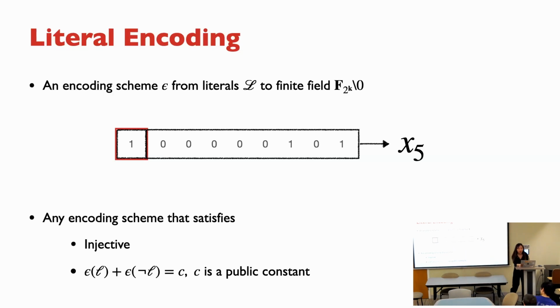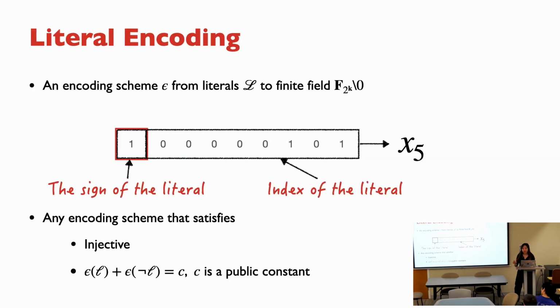And the rest of this binary string will be the binary encoding of the index or identity of the literal. Here the index of the literal is 5, so this is the binary encoding of 5. That's how we encode a literal to a field element, and we use F_2^k for our field. That's the particular scheme we use in our protocol.